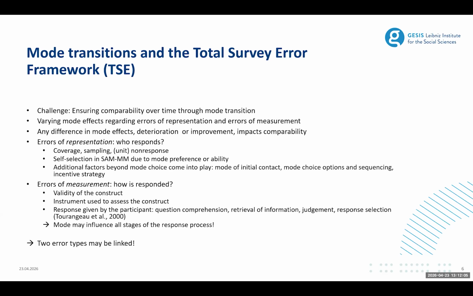All of these are relevant factors when it comes to mode choices, but they're not the main focus of this talk. We are also, on the other hand, interested in errors of measurement.